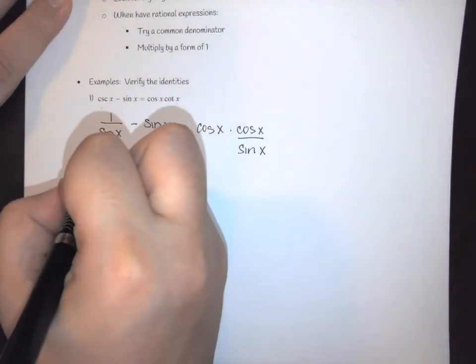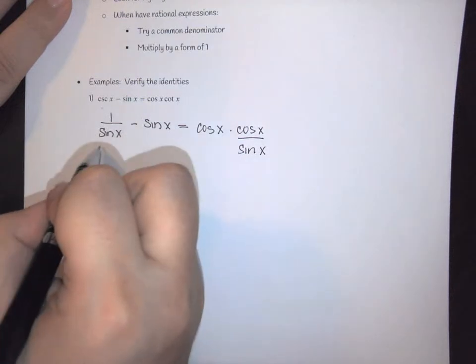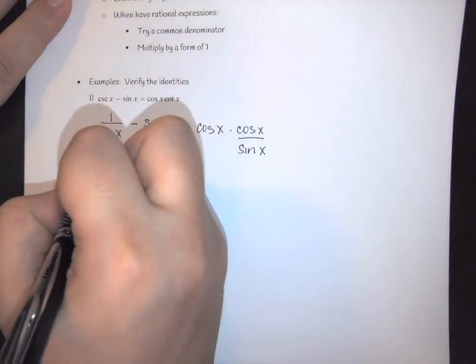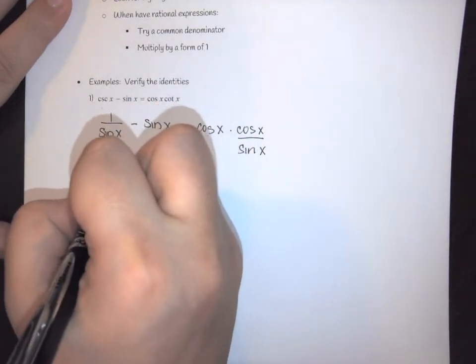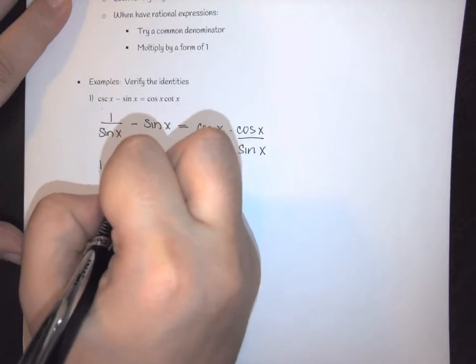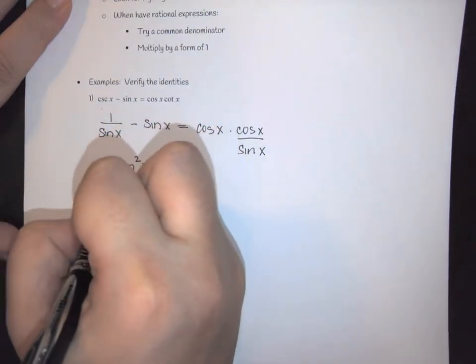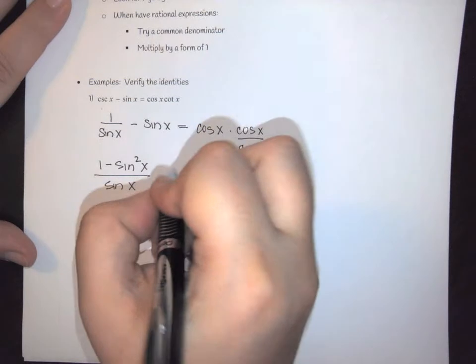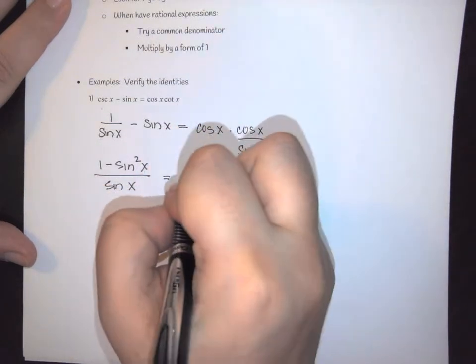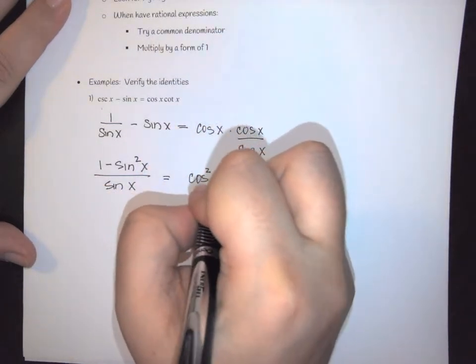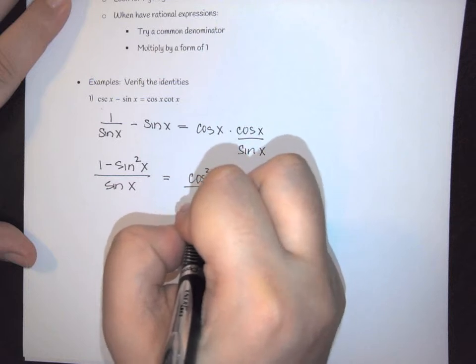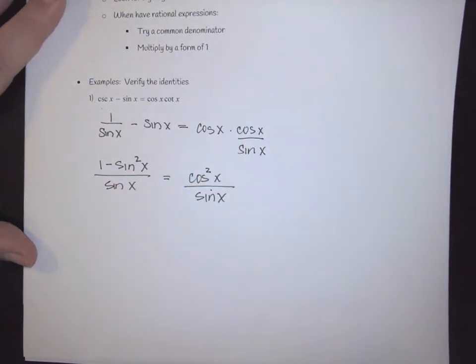My common denominator here is sine, so what's missing is a sine. This becomes 1 minus the sine squared of x, all over that common denominator of sine of x, which equals the cosine squared of x all over the sine of x.